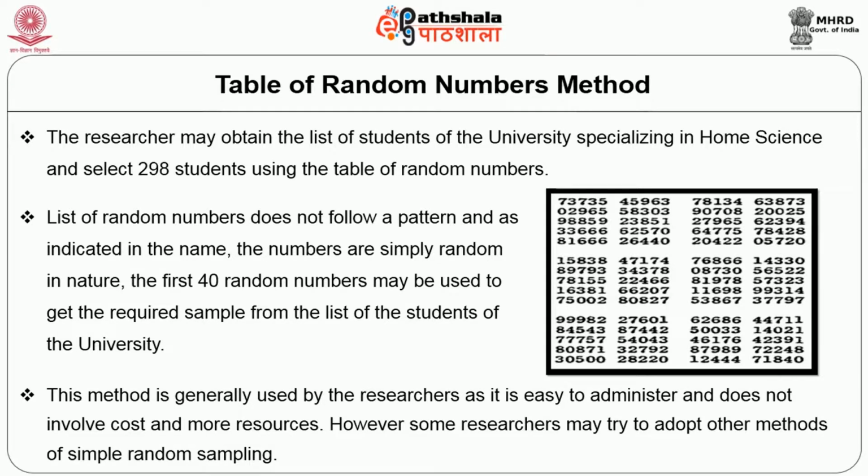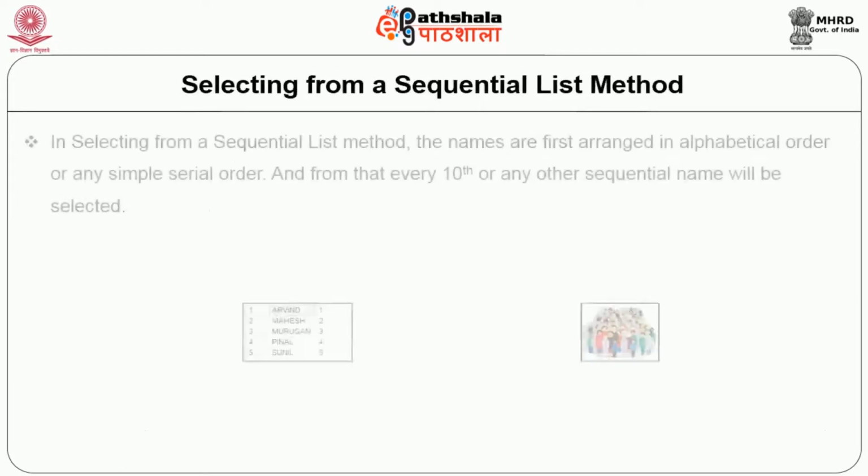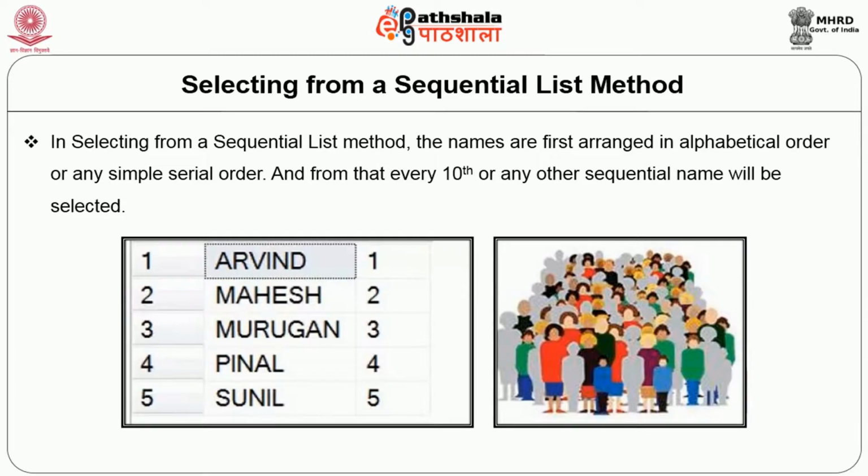However, some researchers may try to adopt other methods of simple random sampling. In the selecting from a sequential list method, the names are first arranged in alphabetical order or any simple serial order, and from that every 10th or any other sequential name will be selected.